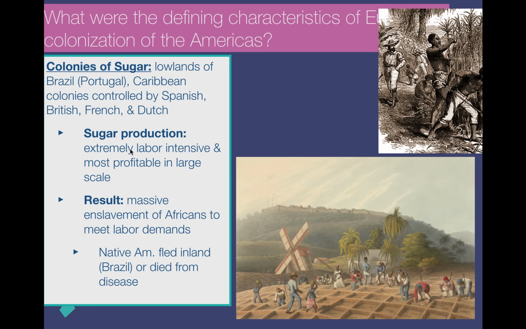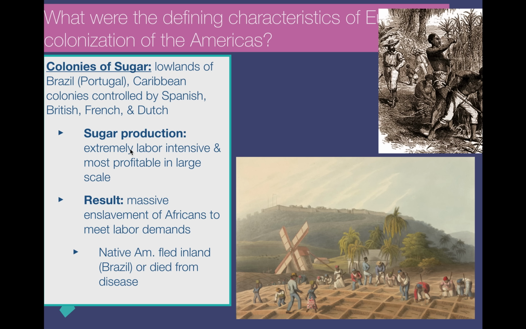This sugar production was incredibly labor intensive. To chop down sugarcane, which is basically a bamboo stick, is so hard and so challenging. So this is back-breaking labor, but at the same time, sugar production was also most profitable when it was done at a very large scale. So large-scale plantations meant that they would in turn need tons and tons of labor.